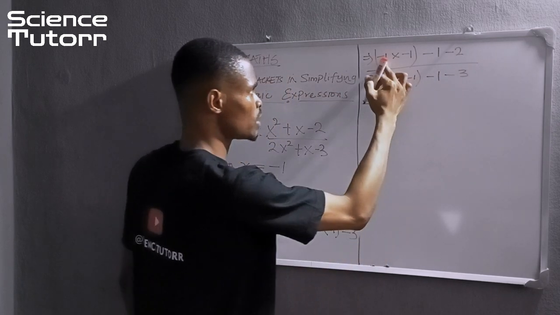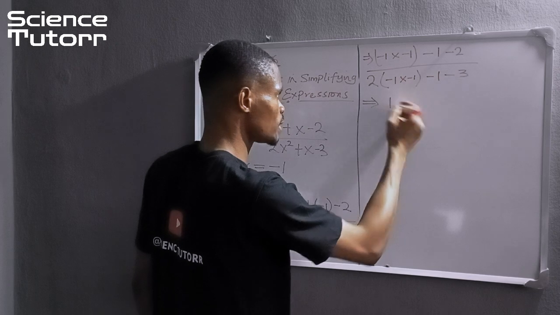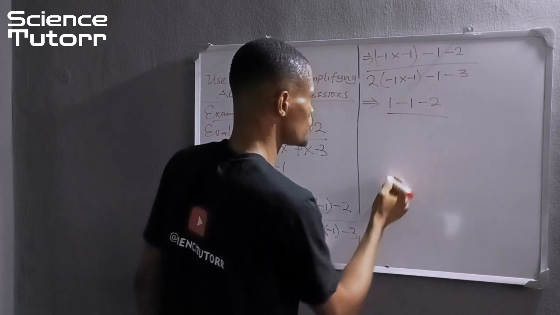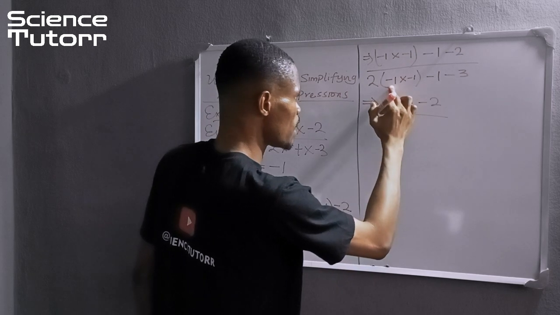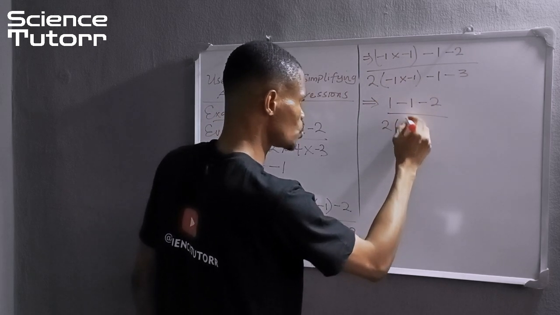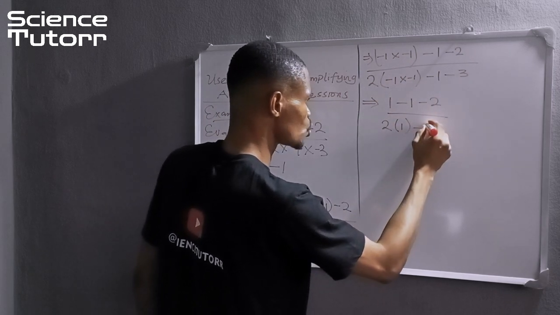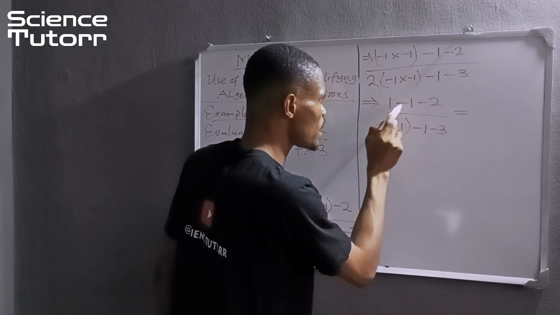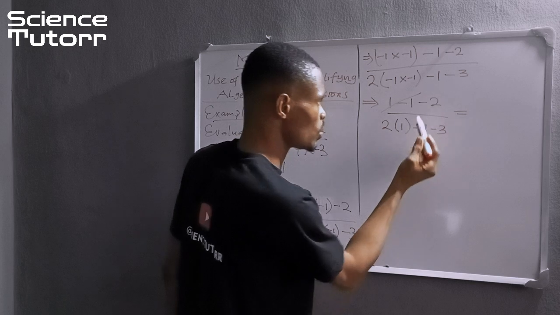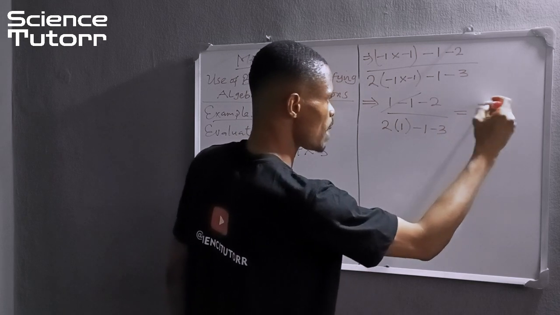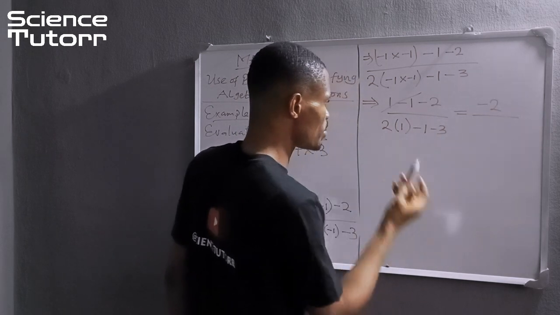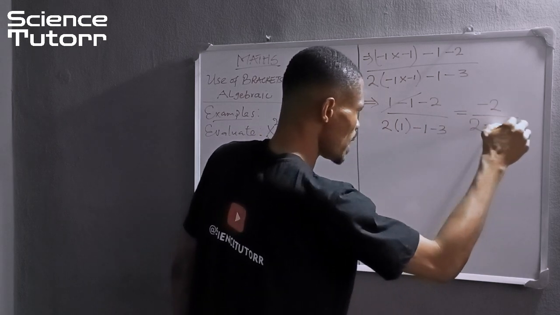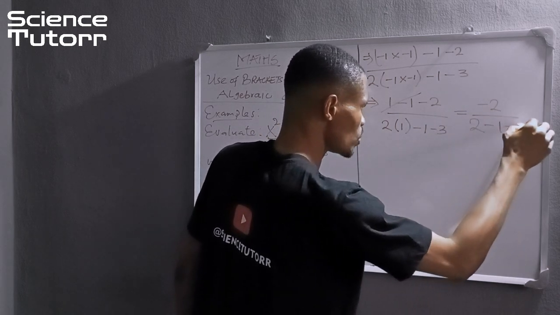Simplifying this further, minus 1 times minus 1 gives us 1, so I have 1 minus 2, all divided by 2 times 1, minus 1 minus 3. So 1 minus 1 automatically cancels out, which means I'm left with minus 2, all divided by 2 times 1 is 2, minus 1 minus 3.